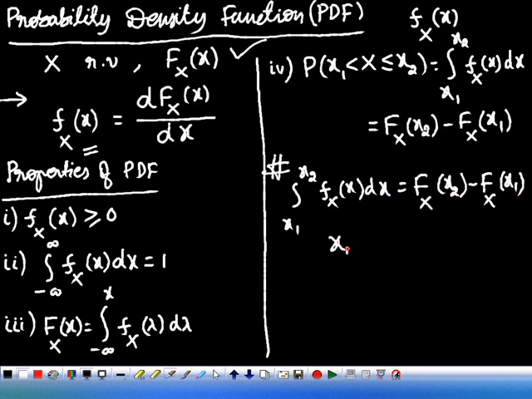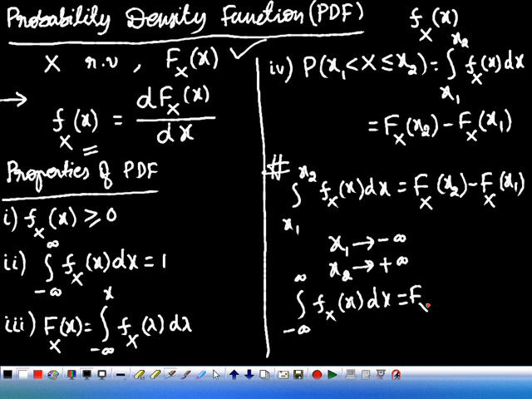So if you let x1 tend to minus infinity and x2 tend to plus infinity, then the integral from minus infinity to plus infinity of fX(x) dx is equivalent to FX(plus infinity) minus FX(minus infinity), which is equal to 1. Understood? That is the property.